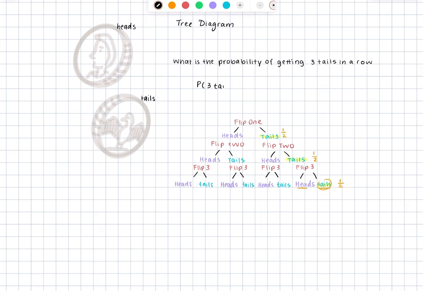Probability of getting 3 tails. So that's kind of saying something like this. Probability of tails, then tails, then tails, equals the probability of the first tails, T1, times the probability of T2, times the probability of T3.